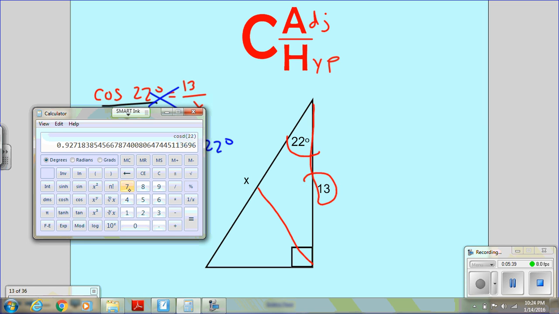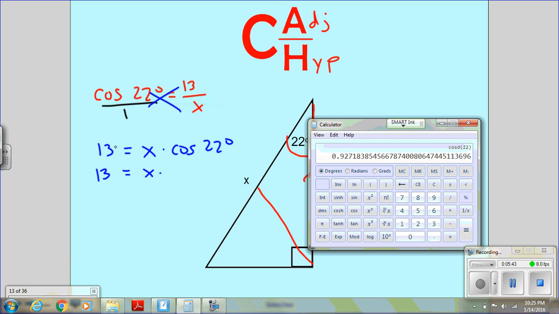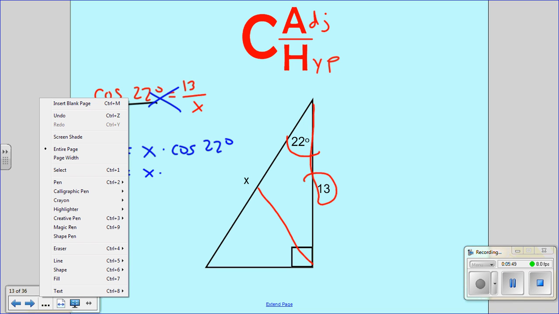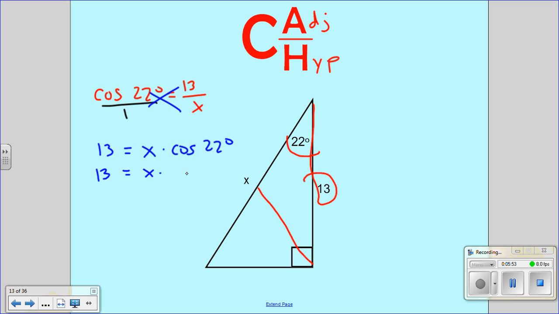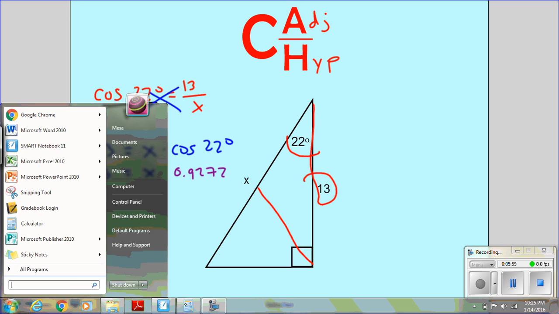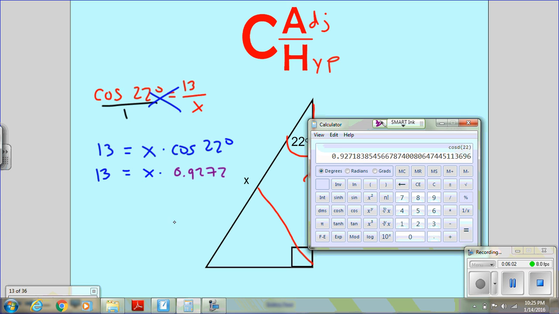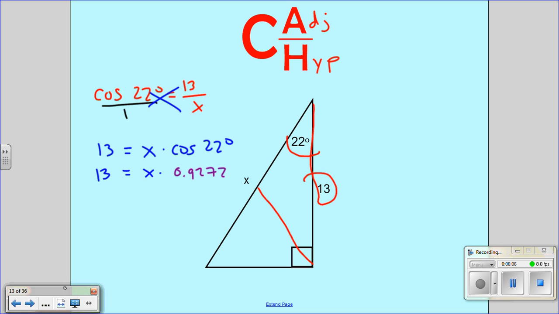So 0.9272. 0.9272, I believe is what I said. Yes. And now if I want to get x by itself, I would have to divide by that on both sides.